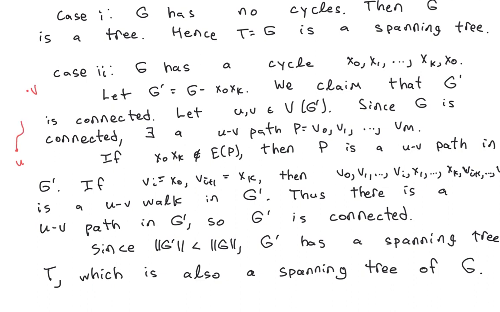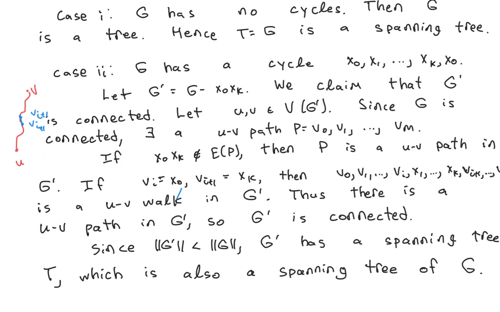is if we happen to create a path that actually used this edge at some point. So suppose we had a path that has that edge. So in other words, we've got this vi and vi plus 1 are the endpoints of the edge we deleted.